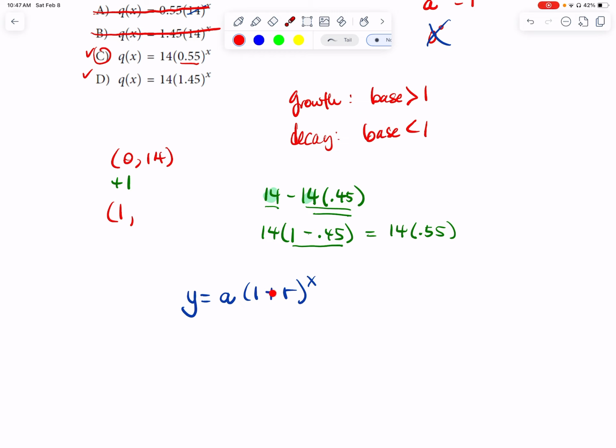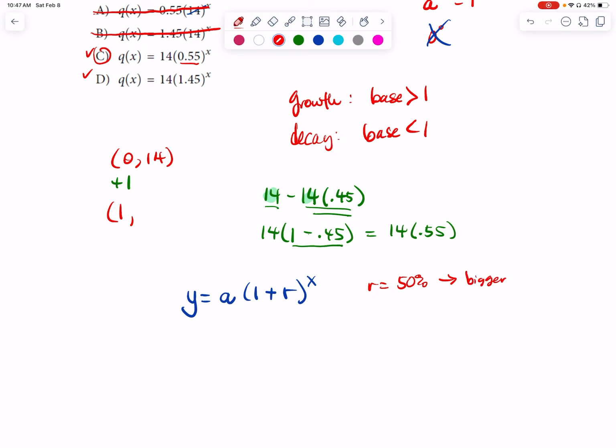And this plus sign could be minus, it's dependent upon what your R value is, the rate, written as a decimal. So as an example, let's say your R is equal to 50%. Well, you just have to understand, is this getting 50% bigger or is it getting 50% smaller? Let's say it's getting 50% bigger.